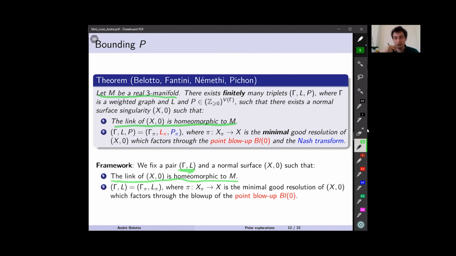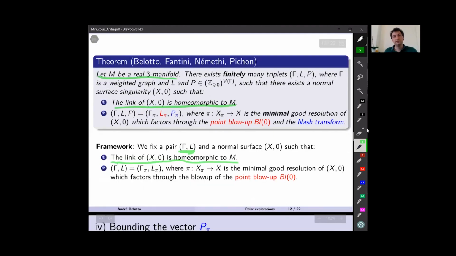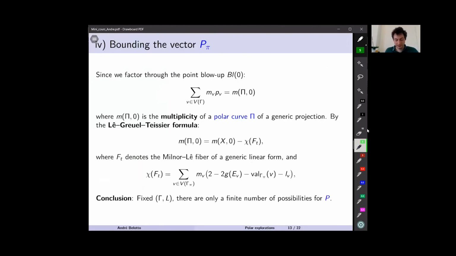So in this case, we want, again, to first bound P and then bound the number of blowings up to factor through Nash. So bounding P, we might imagine just as before that what we need is to bound the multiplicity, in here, the multiplicity of the polar curve. And we do have a nice formula to do that: the Lê–Teissier formula, which is going to intervene in an important way here.